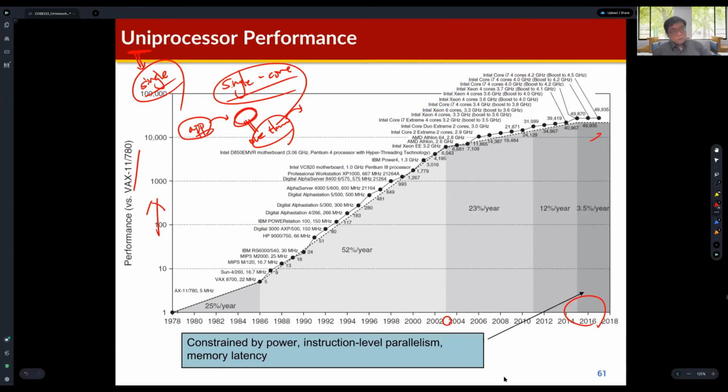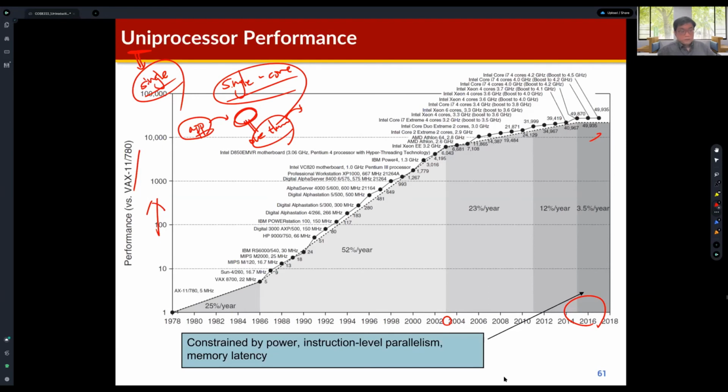The performance of a uniprocessor is also increased by the development of architectural techniques, or the development of software, but mainly, the performance of a CPU is influenced by advances in semiconductor technology.